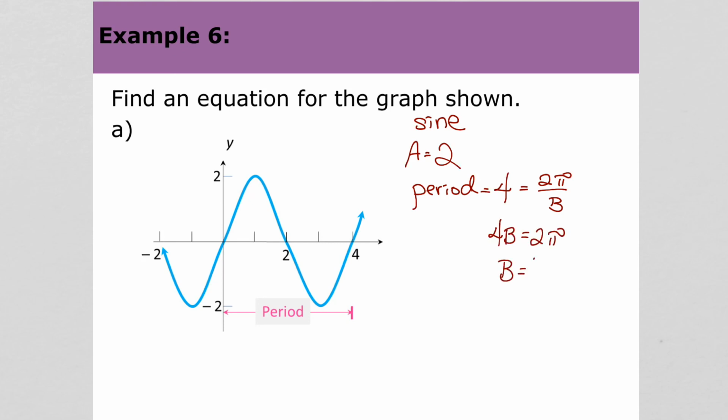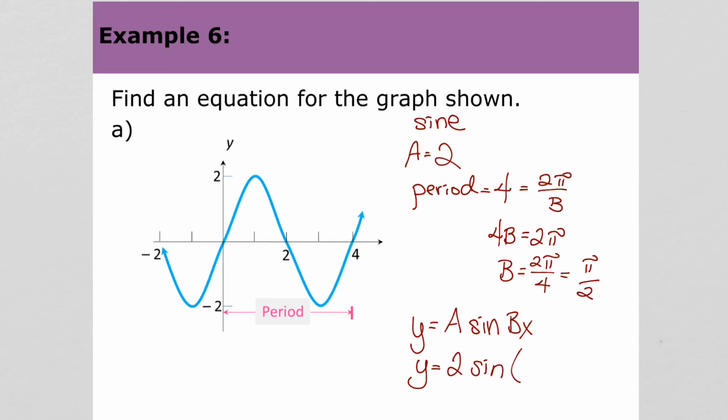So b is 2 pi over 4, or pi over 2. So now we can write our equation in the form y equals a sine of bx. It'd be 2 sine of pi over 2 x.